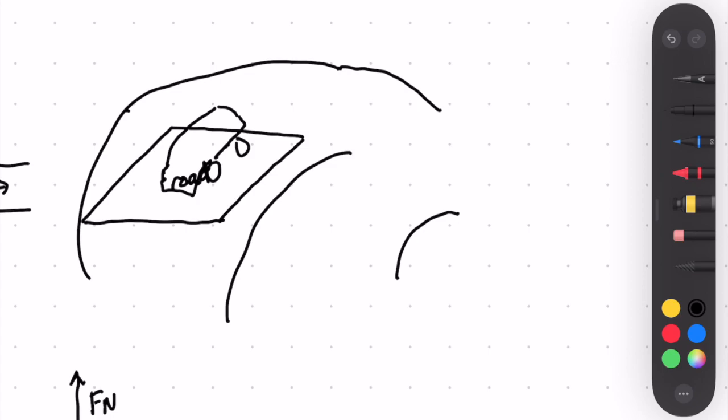So in order to make that turn, you must have some kind of centripetal force, something that's able to push that car to maintain that circular path. Otherwise, you would just go this way and continue off that way. You wouldn't be able to make that turn without a specific centripetal force.